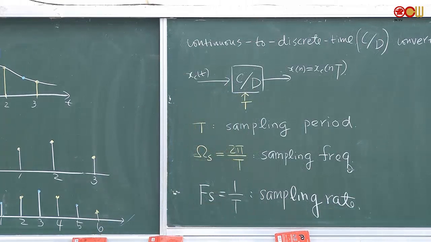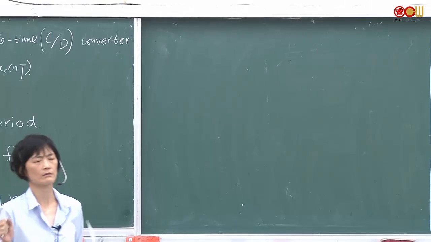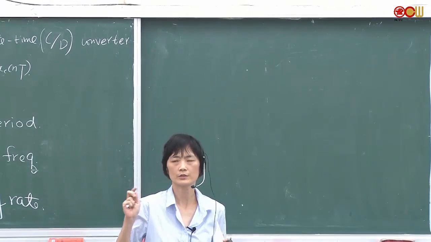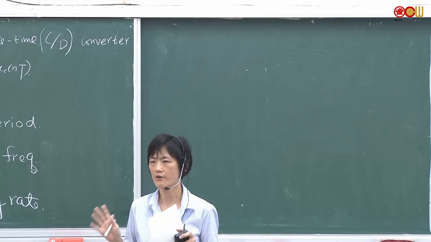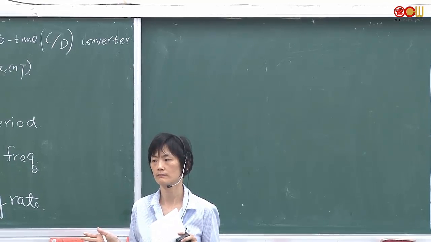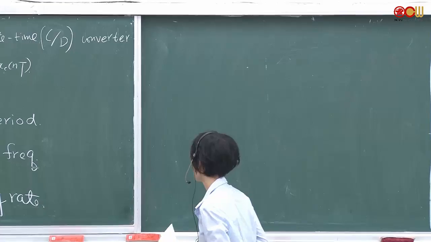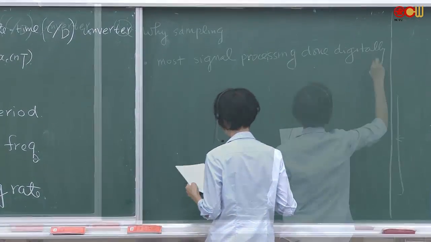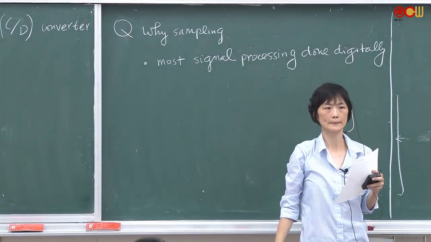Now this whole chapter is about sampling. Chapter 4 is about sampling. Why do we do sampling? Any reason why sampling is very important? Why do you think sampling is relevant? Oh, thank you. Very important. Most signal processing is done digitally. That's what you meant, right? Okay, any other reason?